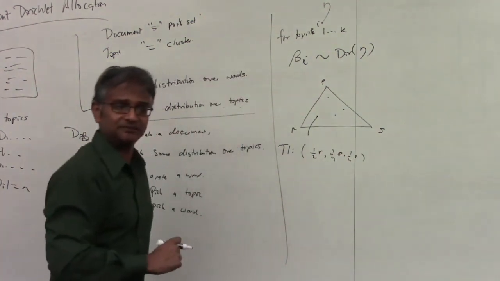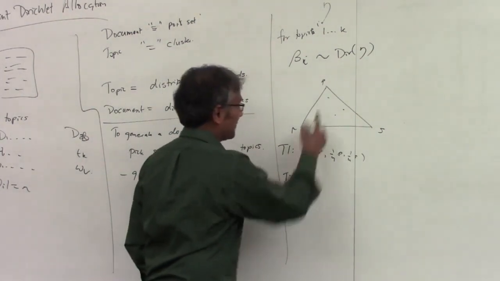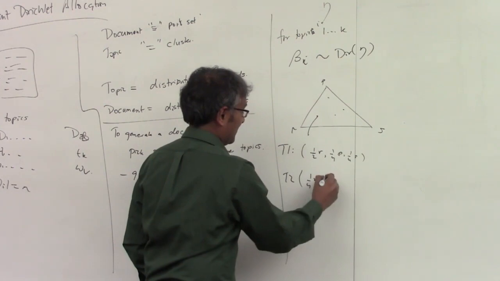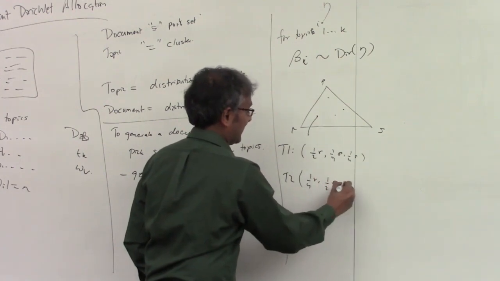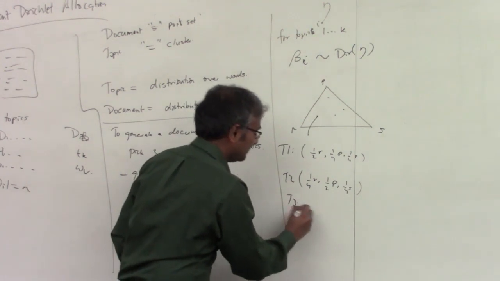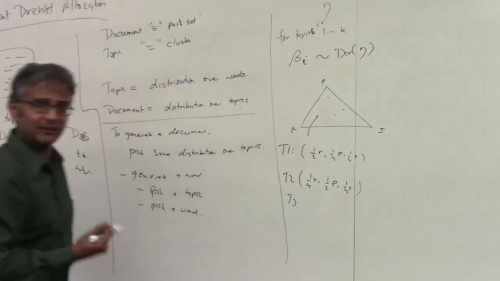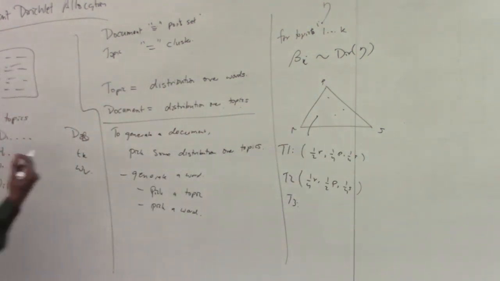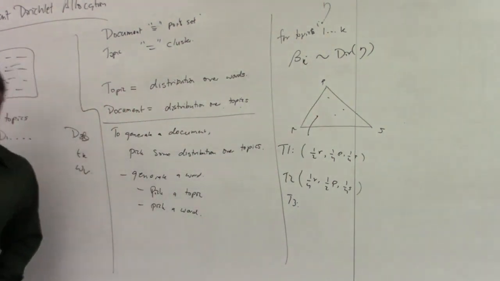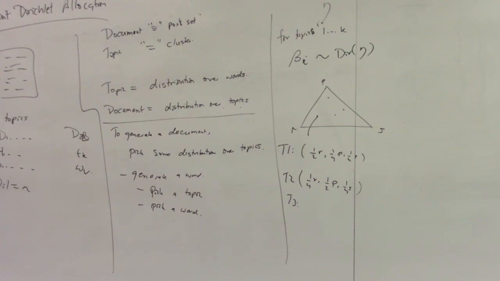That's my first topic. My second topic, which is up there, is going to be 1/4 rock, maybe half paper, and 1/4 scissors. And then my third topic, and so on. Each of these topics is now being picked as a point on the v minus 1 dimensional simplex. So there'll be some gigantic set of probabilities over the vocabulary. That make sense? Okay, so I got that first.